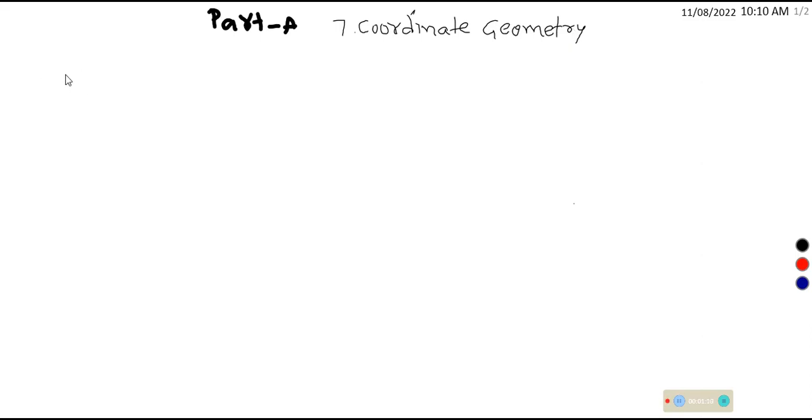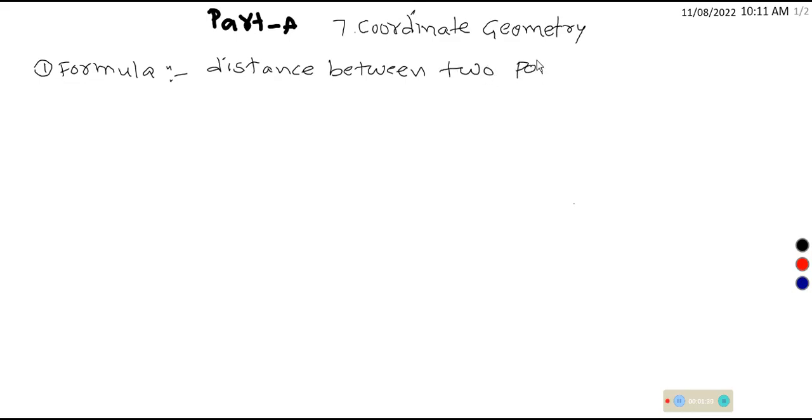See, first formula, that is distance between 2 points. Okay.